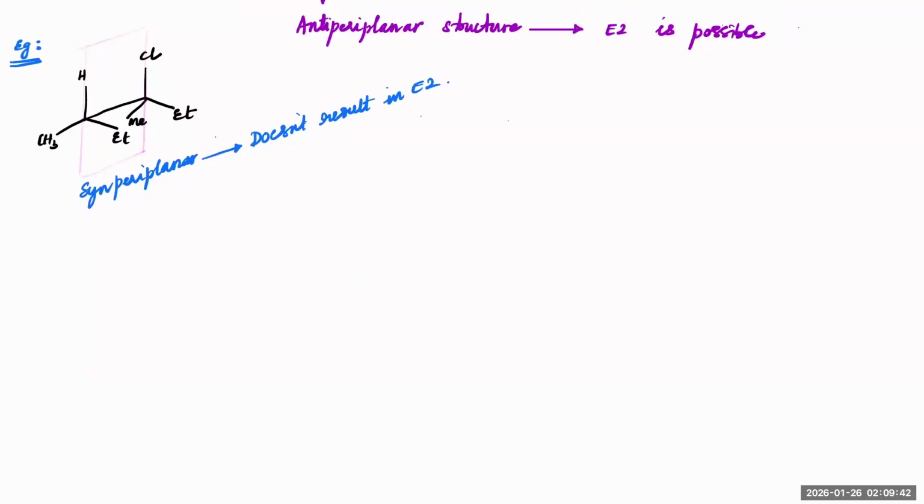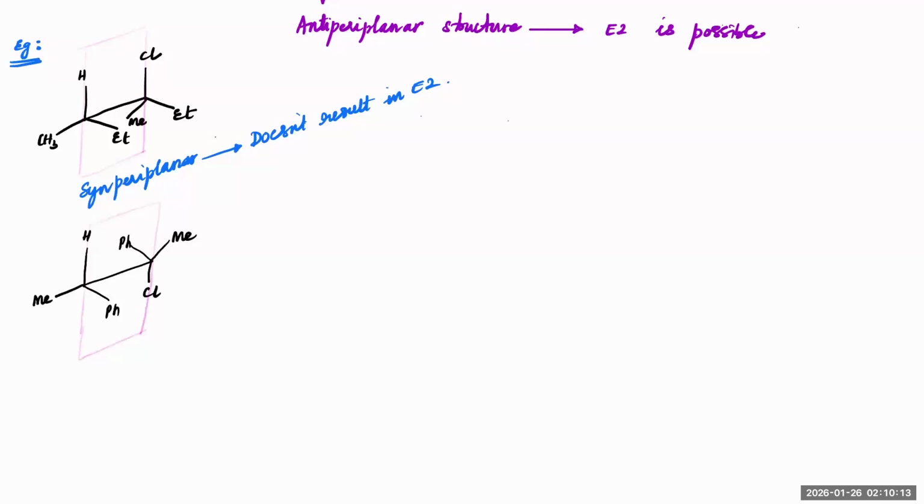Let me show you this one. Like this I have chlorine here, hydrogen here, methyl, phenyl, and methyl. Now, if you notice the plane here, this is that plane. Now, what is this plane? Is it syn or anti-periplanar?